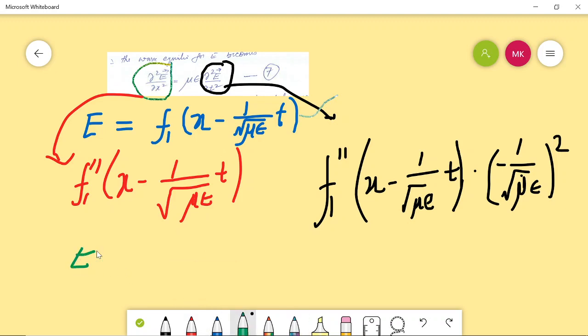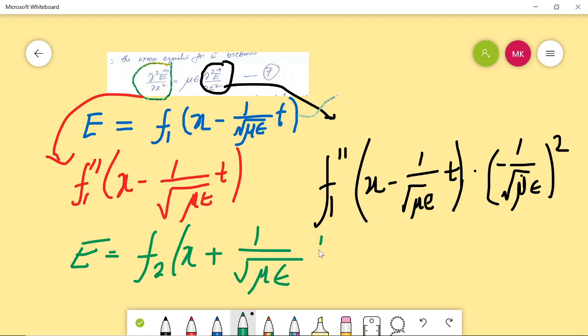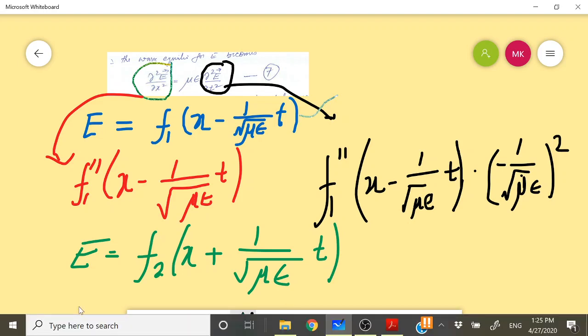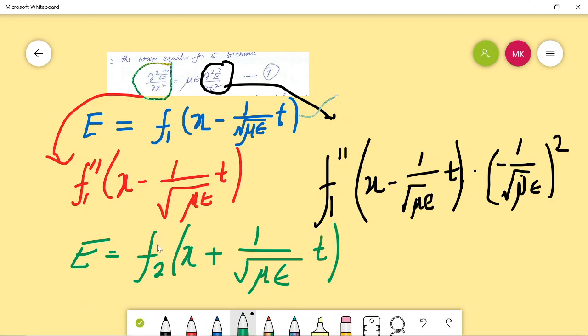Let E equal to f2, another function with its own argument. If you take the double derivative with respect to x and the double derivative with respect to t, then again this will also satisfy the equation. So these are solutions of this equation.